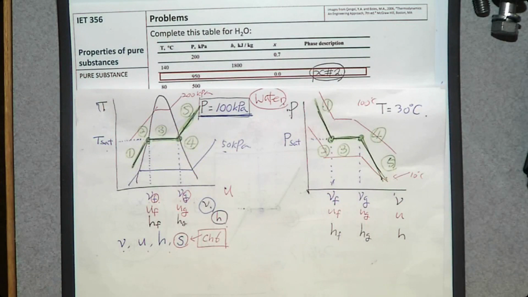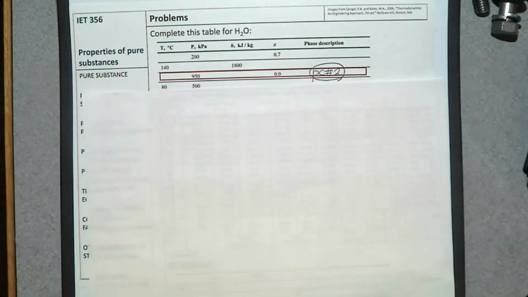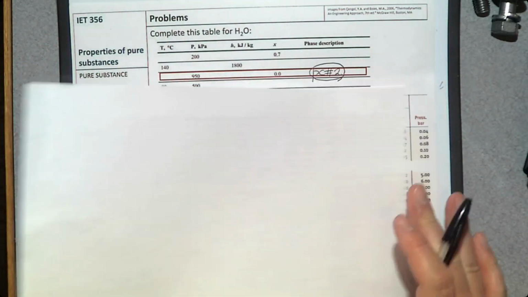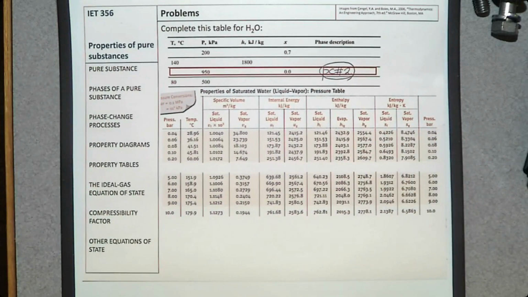So let's find T sat at 950 kilopascal. And how convenient it is. There is a proper table. In reality, there are 96 pages of property tables at the end of your textbook.